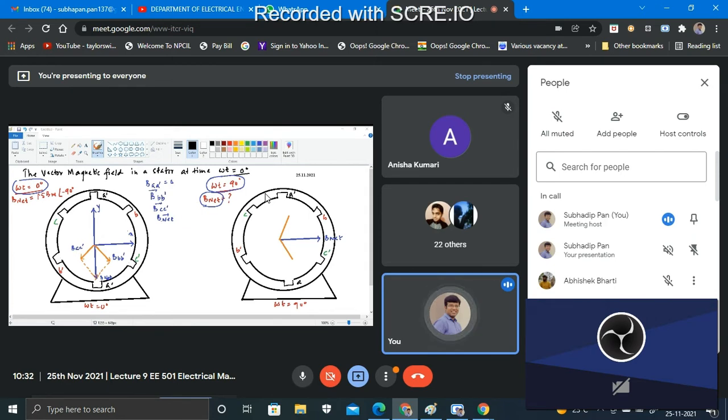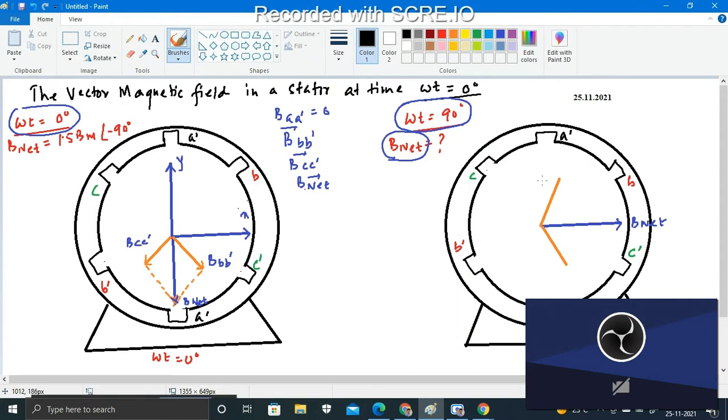For that, we have to draw the vector representation. So this is my vector representation for omega t equals 0.